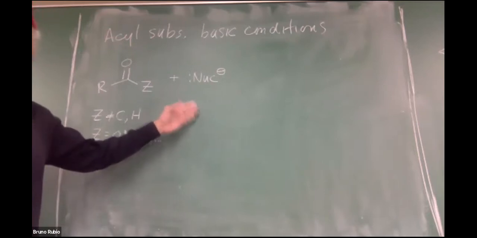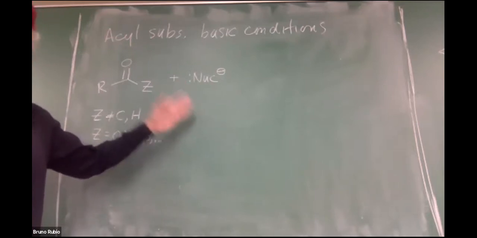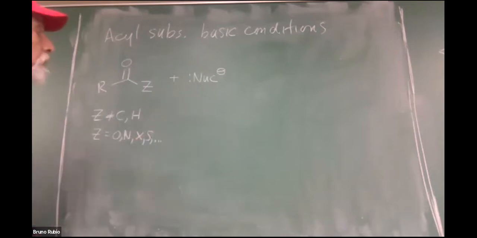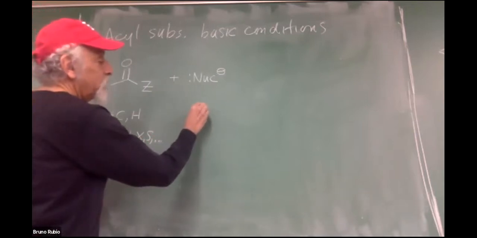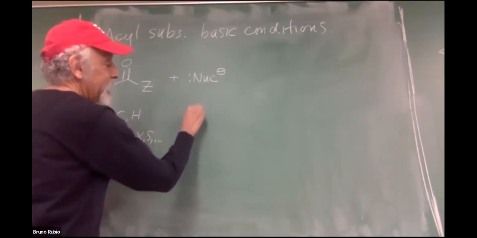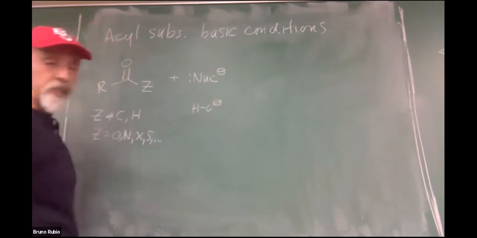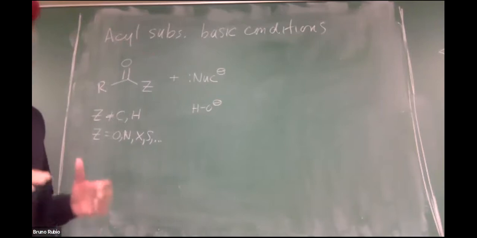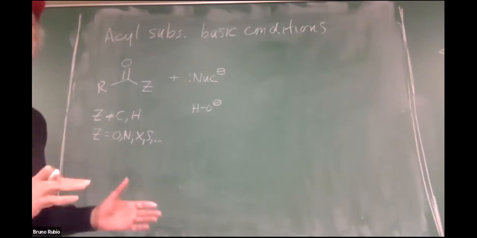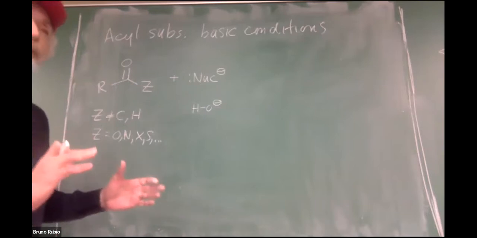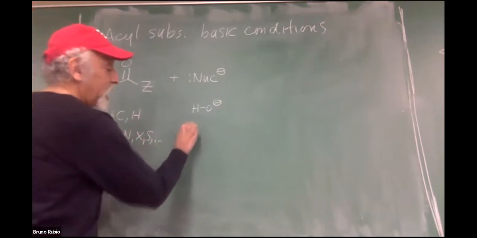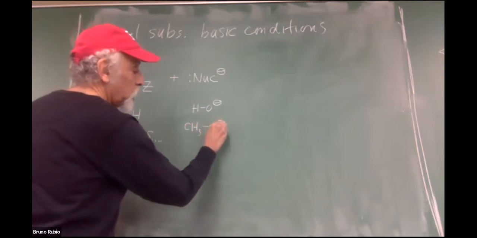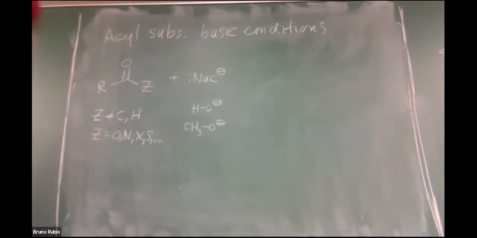Under acidic conditions, the nucleophile is going to be water, H-O-H. But under basic conditions, the nucleophile is going to be OH minus, right? These are just examples. Under acidic conditions, the nucleophile is going to be CH3OH. But under basic conditions, the nucleophile is going to have a negative charge on the nucleophilic atom. It's going to be something like CH3O minus or EtO minus or something like that.